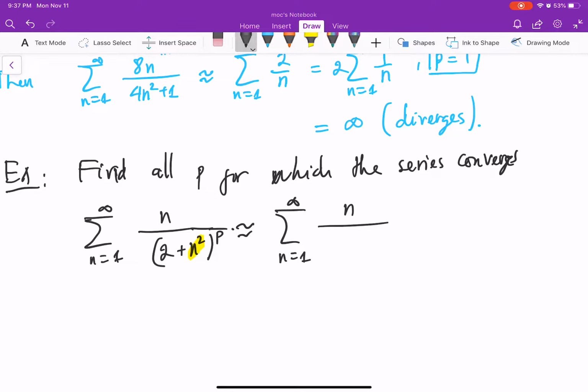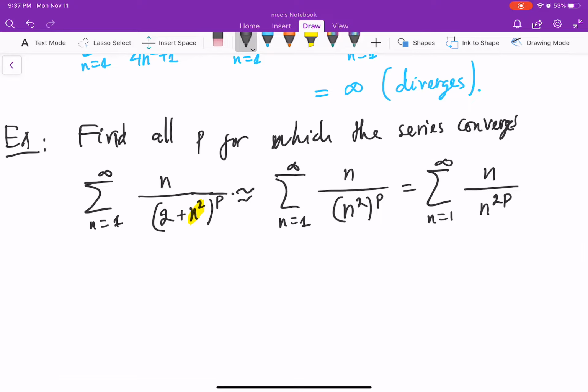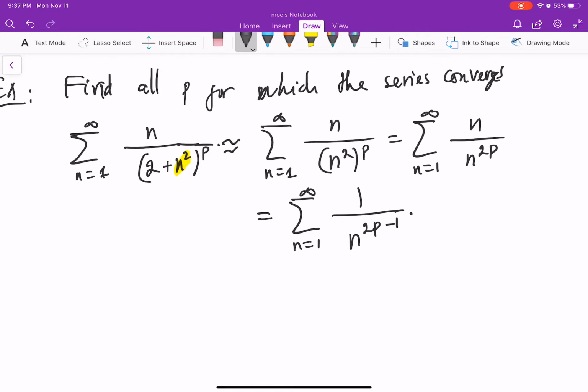That is just n squared to p, which is n to the 2p. Let's simplify: I get this series equal to the sum from n equals 1 to infinity of 1 over n to the 2p minus 1. Again, this is a harmonic series.